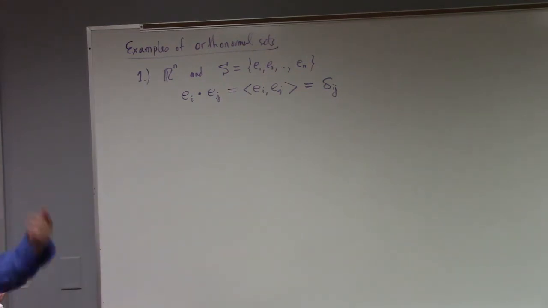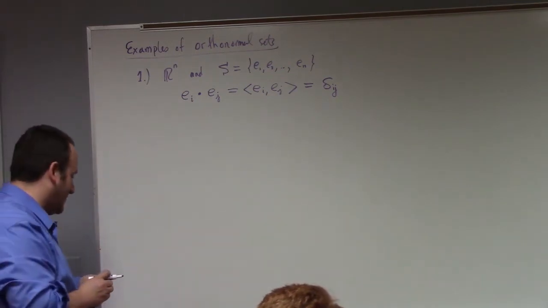Oh, basis. What's an orthonormal basis? I defined orthonormal set. I didn't define orthonormal basis yet, did I? What would an orthonormal basis be? A minimal spanning set for a vector space which is also orthonormal.